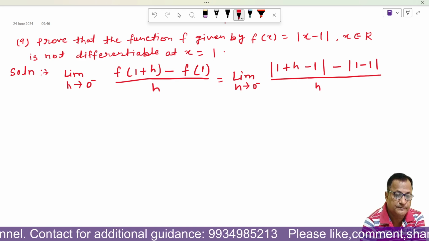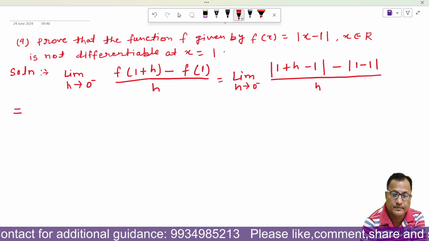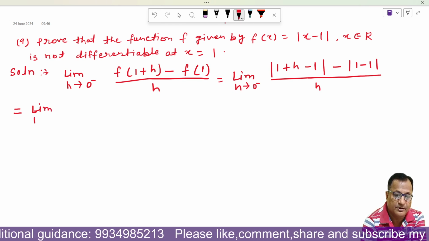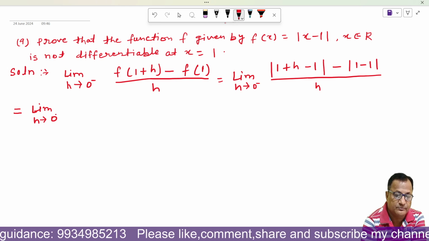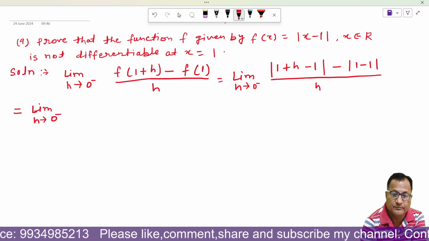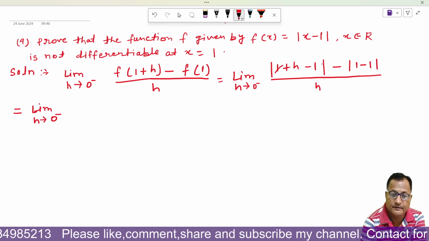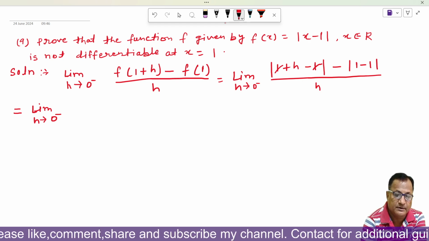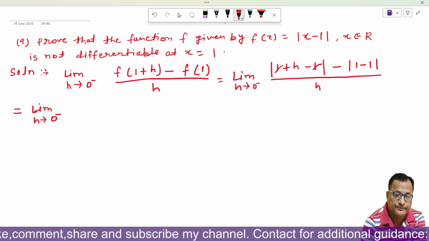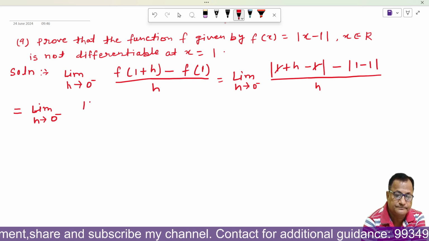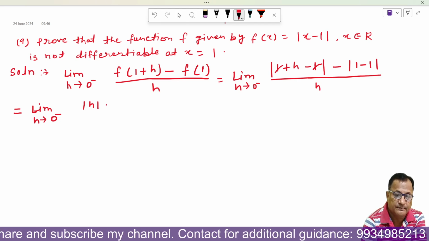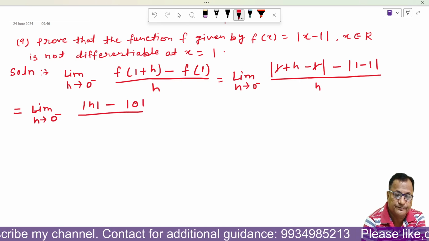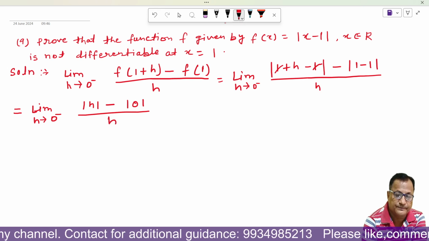Is equal to limit h tends to 0 minus, 1 will be cut here. So this will be |h| minus 0 divided by h.